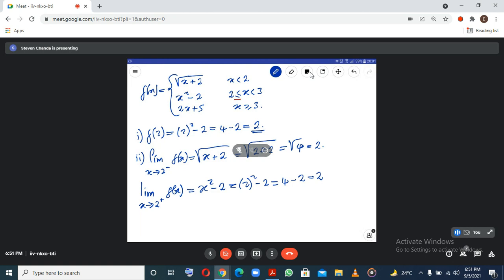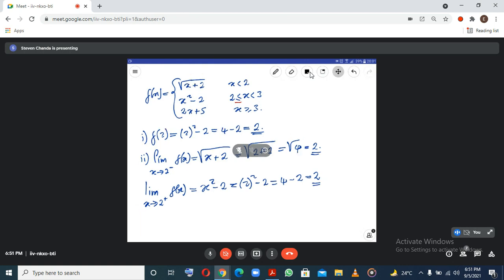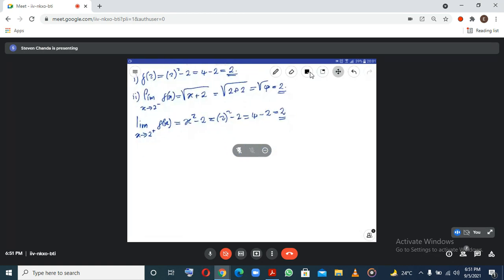Now you're asking yourself, these are equal, aren't they? Coming from the left and from the right, they are equal. So what does it tell you? It means that there's the limit. For this particular function, when x goes to 2 from either side, that's why I've not indicated a side, the limit is 2.